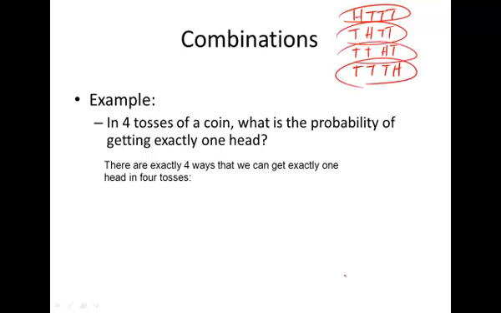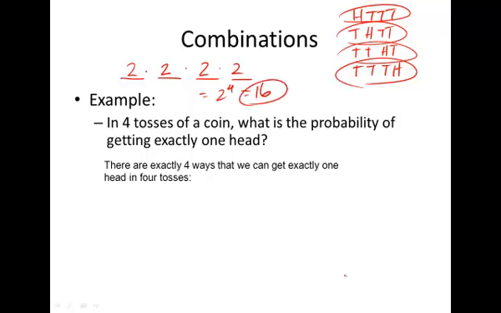So in order to determine the probability, I have to know how many ways there are to get that event, and I have to divide by the total number of outcomes. So this is the fundamental counting principle to determine the denominator. There's 2 possibilities, heads and tails, for the first toss, 2 for the second, 2 for the third, and 2 for the fourth, for a total of 16.